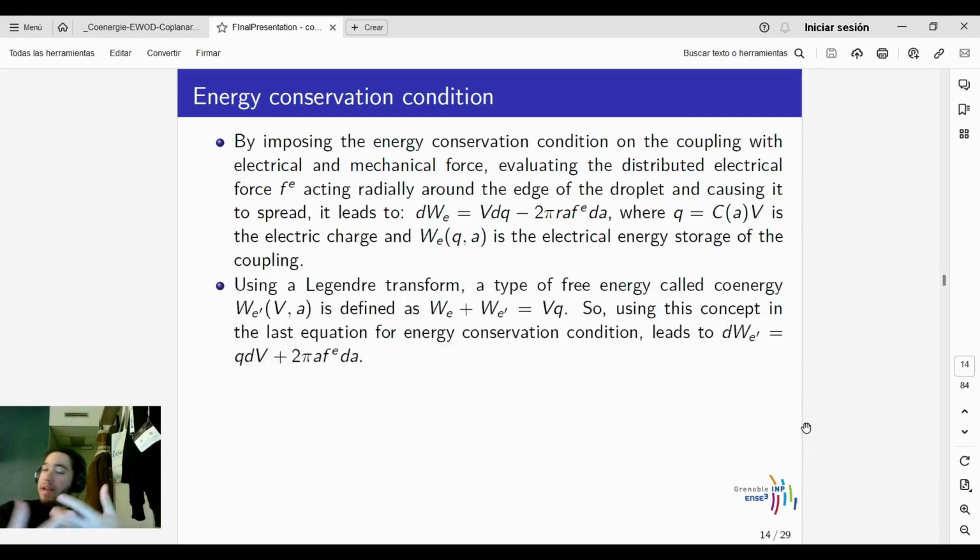So in order to better manipulate this equation, the author uses a mathematical tool, a transfer function that is called a Legendre transform. To better have an idea of what a Legendre transform is, we can, for example, take a function f of x.